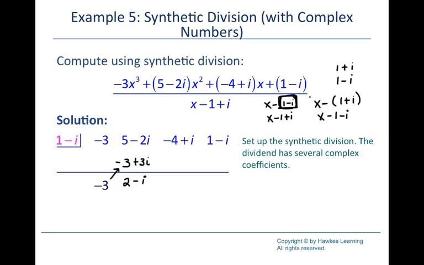This next multiplication is not as straightforward, because we've got to multiply the divisor, which is 1 minus i, times 2 minus i. We're going to have to FOIL those binomials, or take this 1 and distribute it across there. So 1 times 2 is 2. 1 times negative i is minus i.